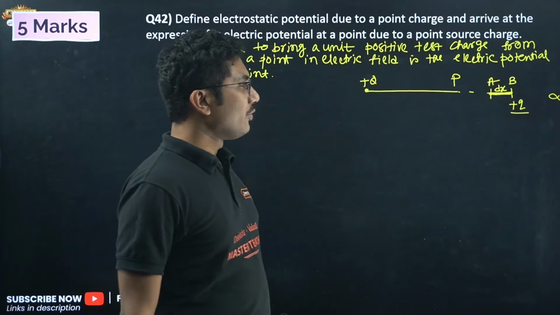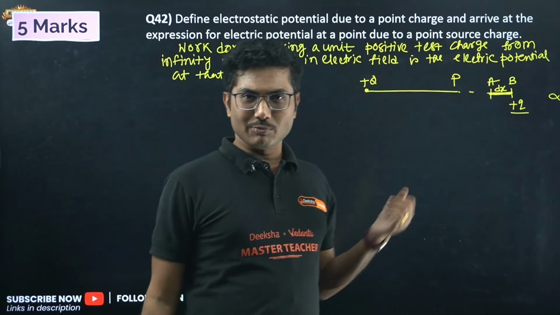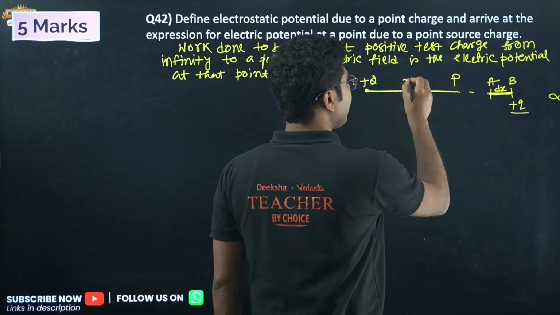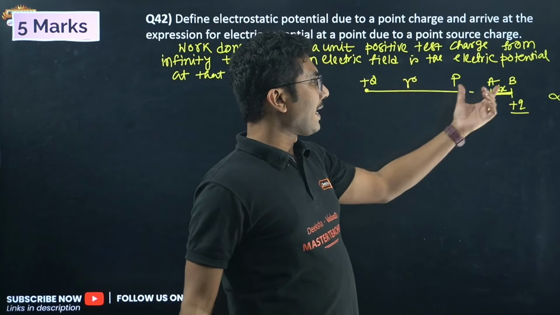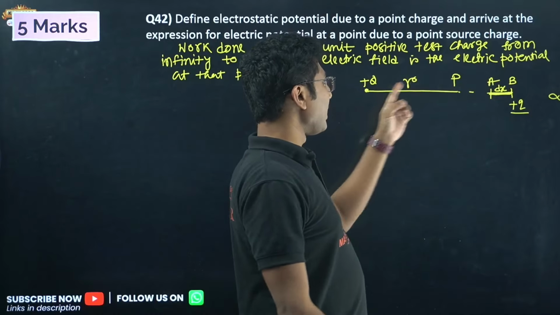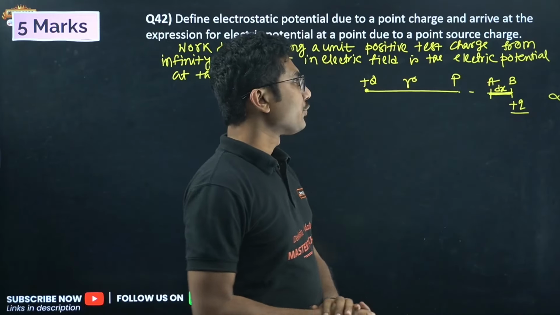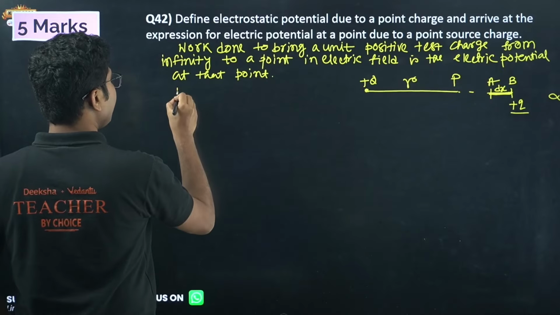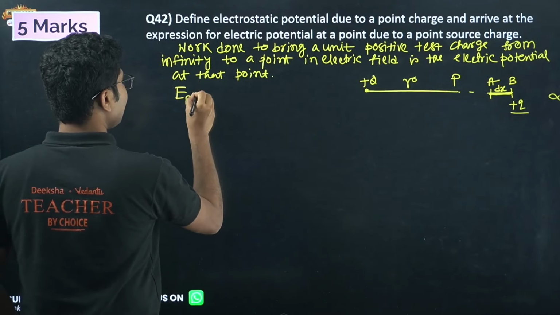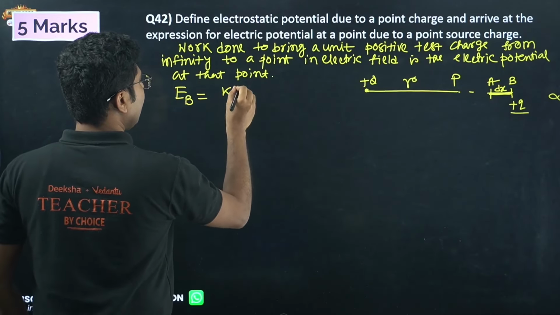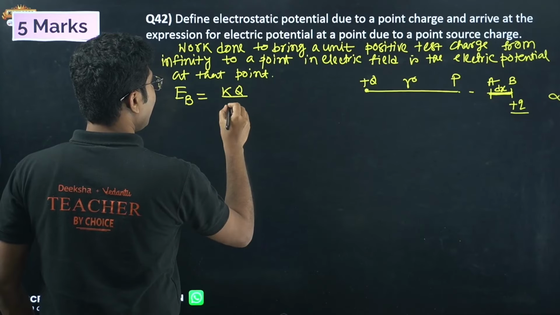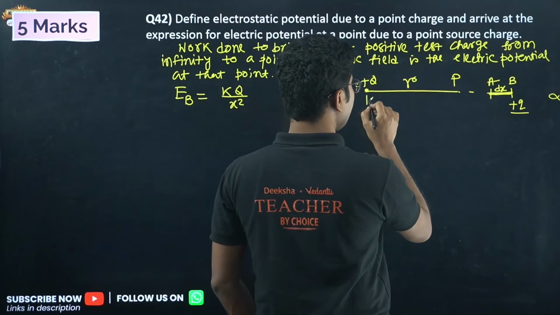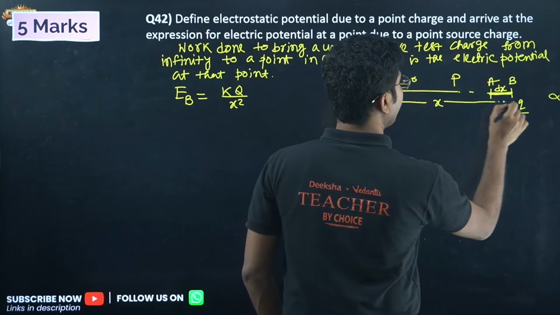Now the distance dx is very small compared to the entire journey path, and compared to this r as well. So we can assume that the electric field due to this charge is constant around B. So what is the electric field at this point B? Electric field at point B is given by kQ by x square, where x is the distance of this point from the source charge.